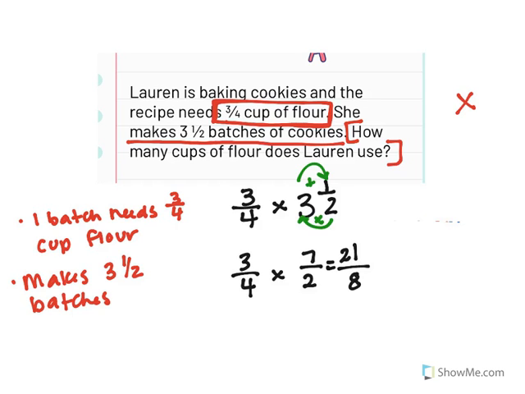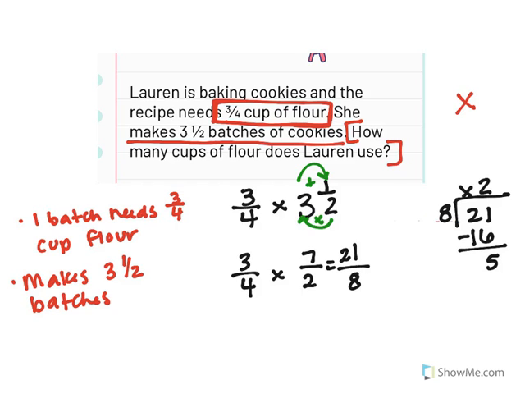I have an improper fraction here, and I need to convert it to a mixed number before I finish. So I take the numerator, 21, and divide it by the denominator, 8, to convert this to a mixed number. 8 will not divide into 2, but 8 will go into 21 twice. That's 16, and when I subtract, I have 5 left over as my remainder.